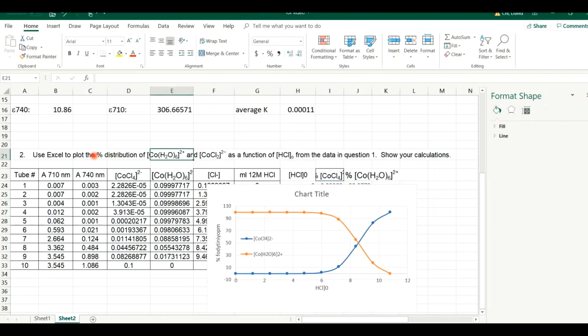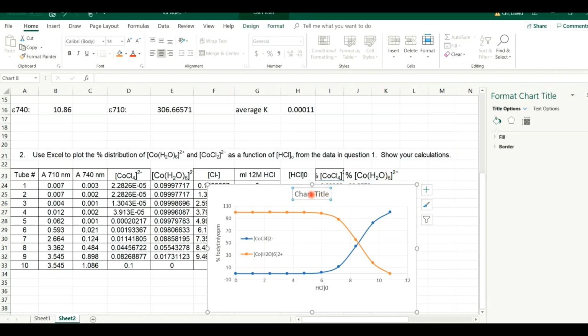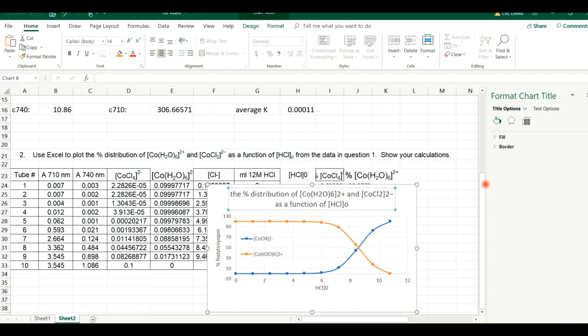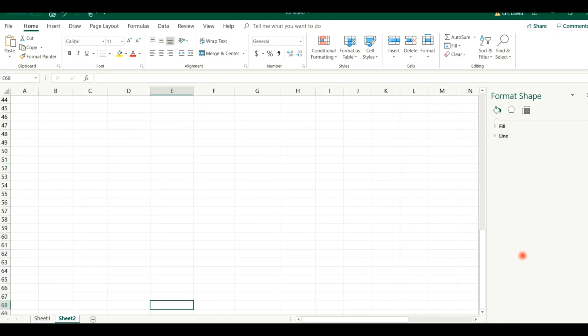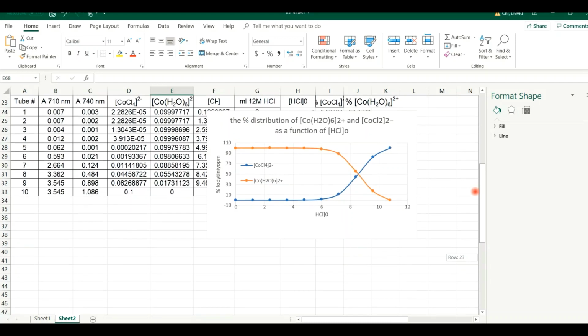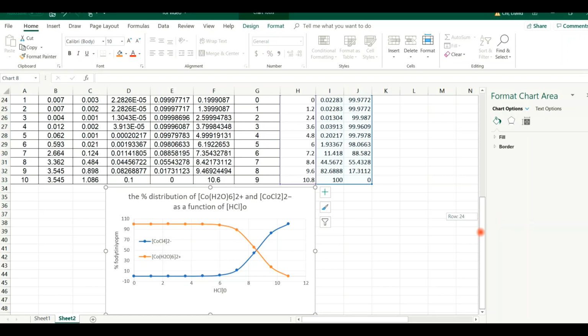For the title, let's just copy here: the percent distribution of these ions as a function of HCl. All right, so you can play around and make it look better.